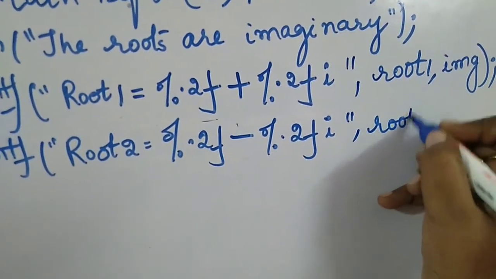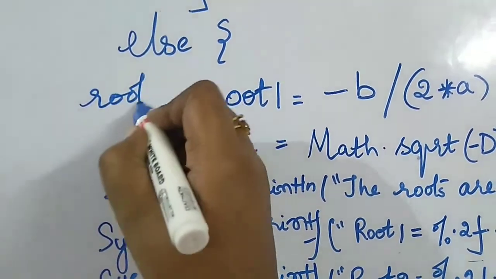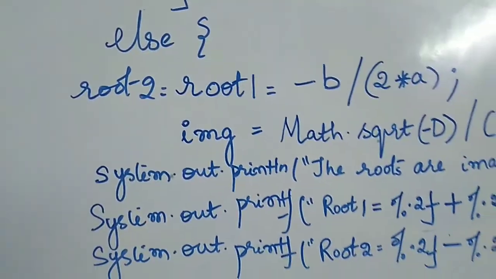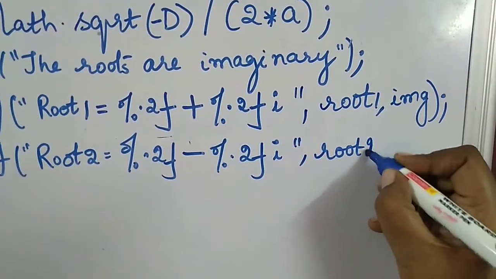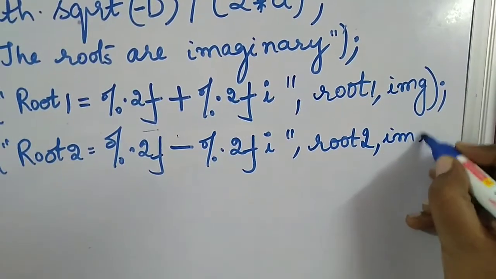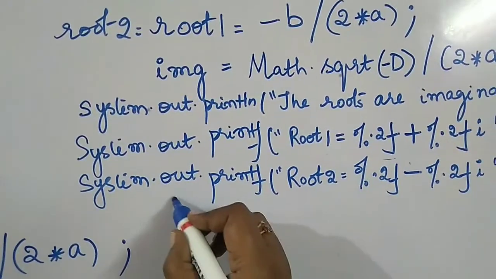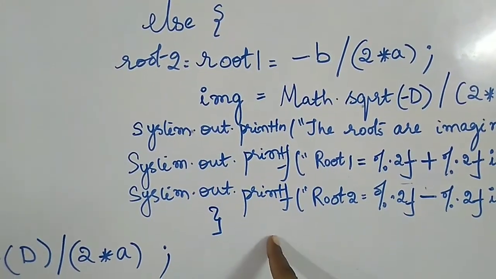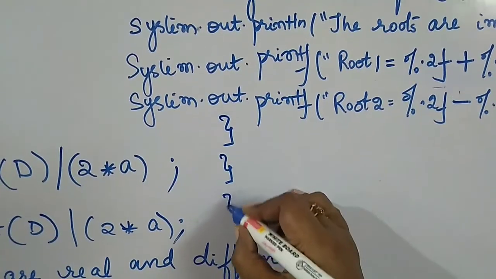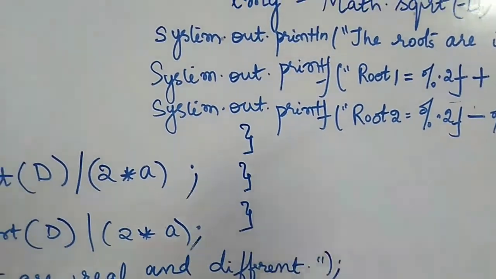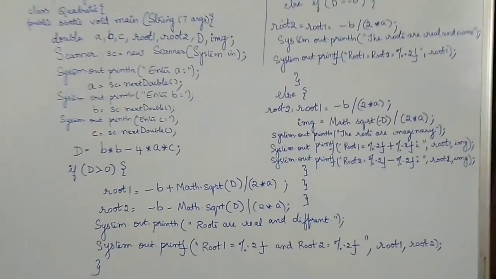The first one is root 1, or you can simply say root 2, because the real part is the same, so you can simply say root 1 comma img to be very specific, and that's it. So this will execute. After this else, we are closing the main method and then I'm closing the class. So this is the entire program, my friends.